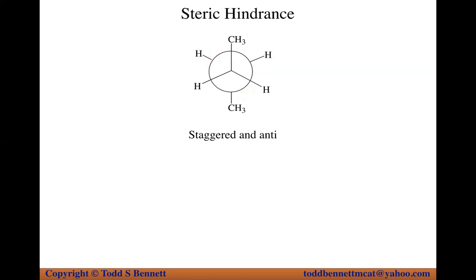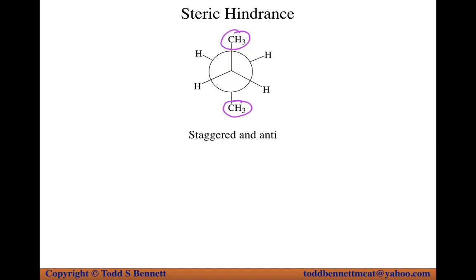The second half of the term is anti, which refers to the alignment of the bulky groups, so the groups I'm interested in, the two that could bump into each other. The CH3s are said to be anti-periplanar. So what that means is they are in the same plane. Periplanar means one is going one way, one's going the other, anti. So they're opposite of one another. So anti for short.